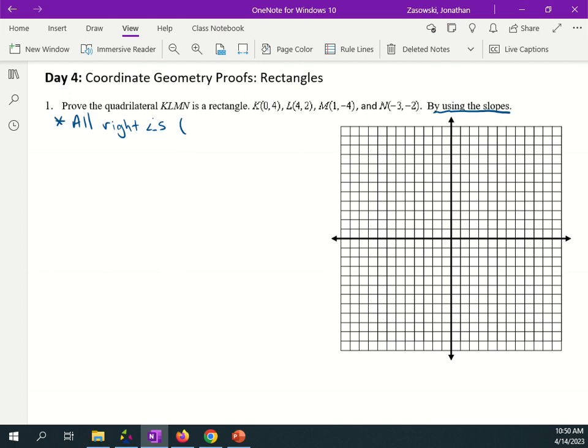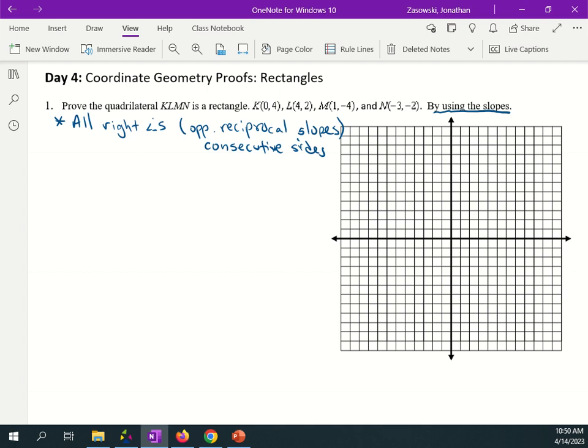Perpendicular, which means they have to be opposite reciprocal slopes, okay? And these are for the sides that are called consecutive. You could use the word adjacent here if you want to, okay? The ones that are next to each other.